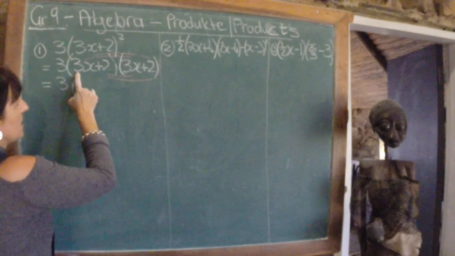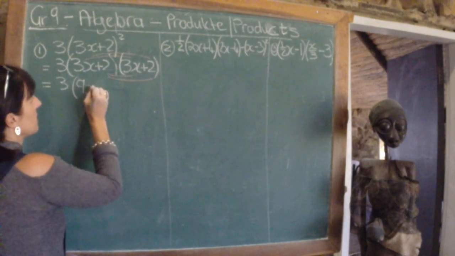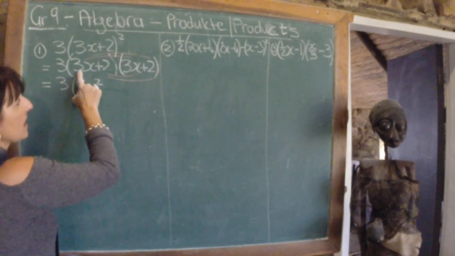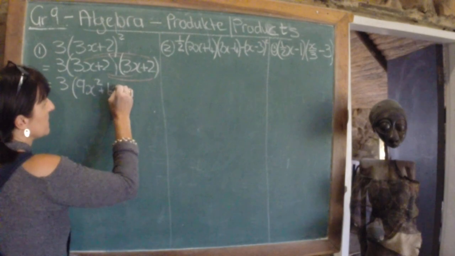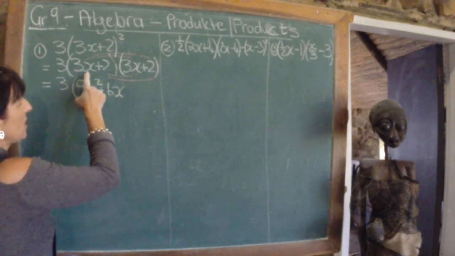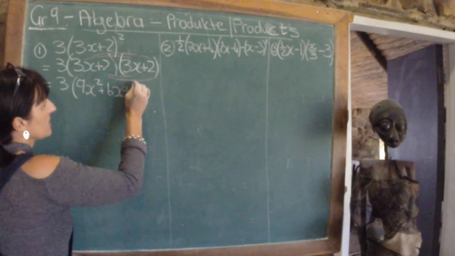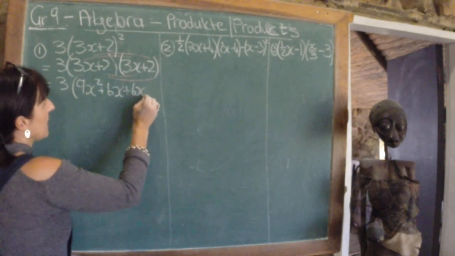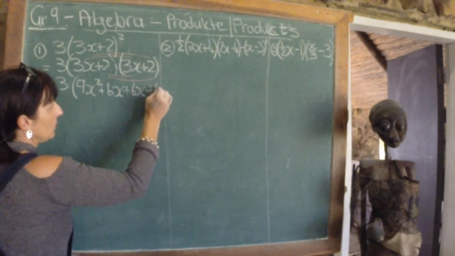Okay, let's start. 3x maal 3x gives you 9x squared. 3x times plus 2 gives you plus 6x. We've done with this one, now that one. 2 times 3x gives you plus 6x. And the last one, 2 times 2 gives you plus 4.